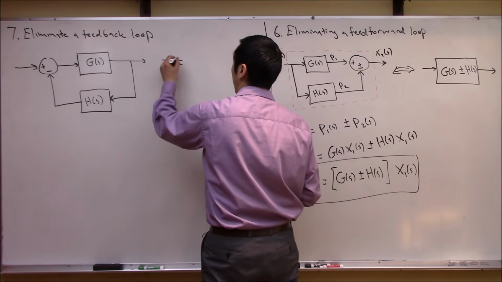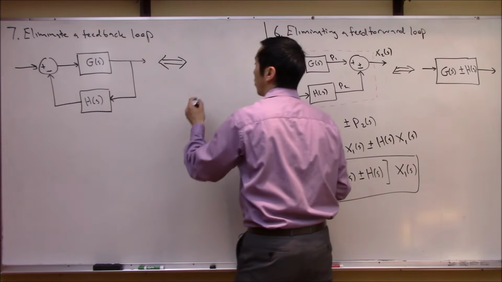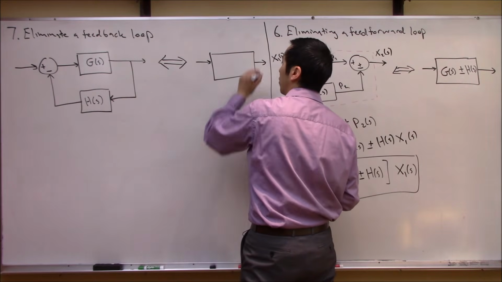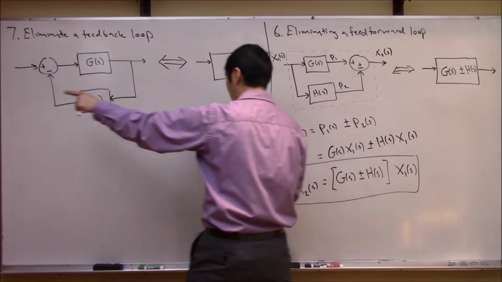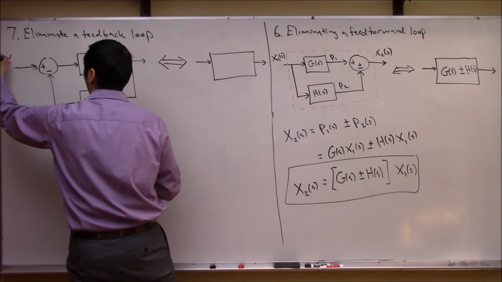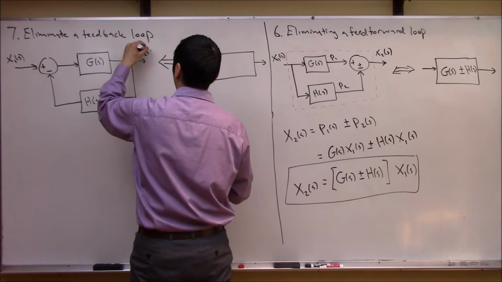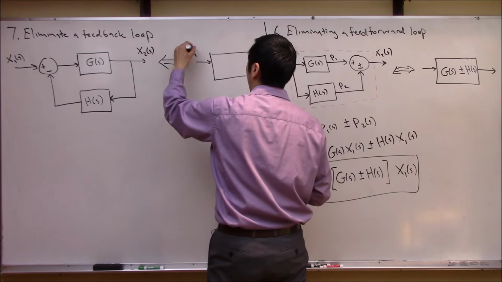And same game that we just saw with the feed forward loop, I want to crush this thing down to a single block here, which has an input of, let's call this thing x1 of s, and coming out of this is x2 of s, right? So I want the exact same interface.